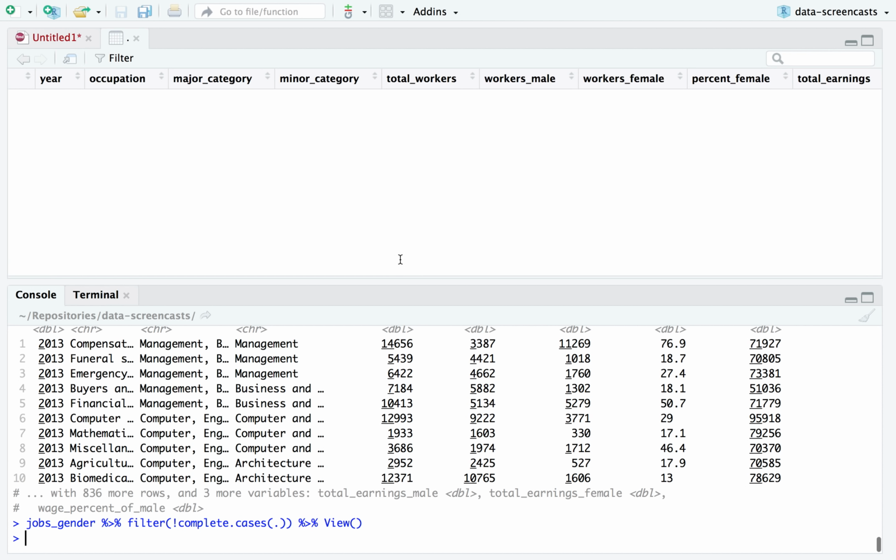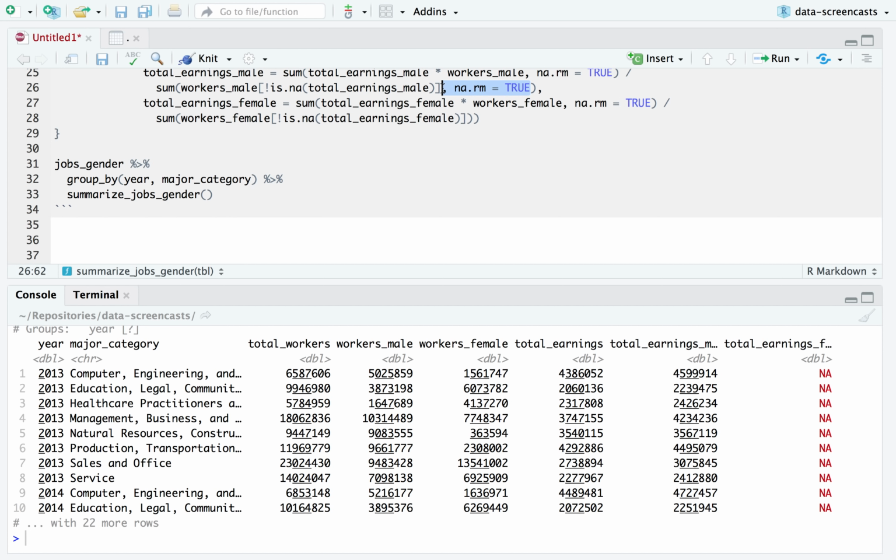What am I, I think maybe, does this change anything? It does. Surprised me. I wouldn't expect to have NA here. Okay, something's also wrong with this. Let me see. Not is NA total earnings. All right.